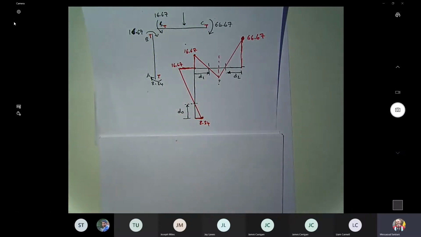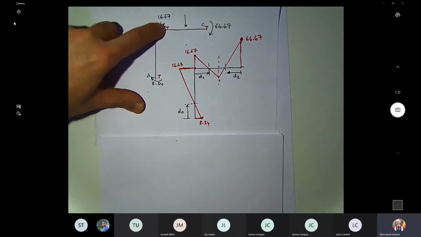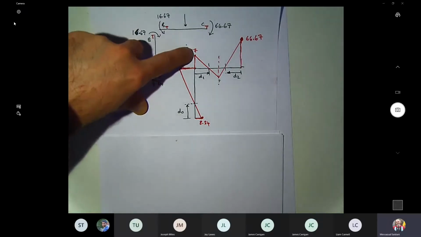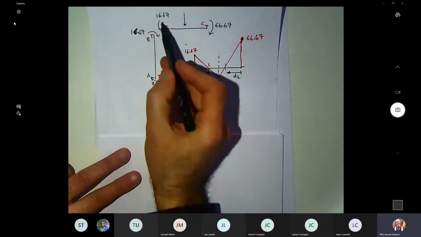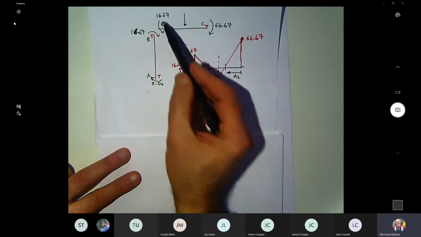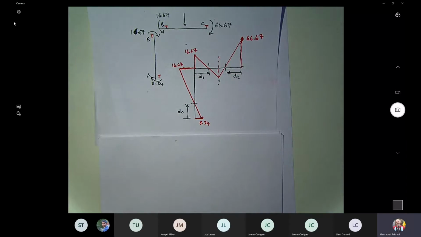You've got this, so the tension is at the top, okay? The moment is anti-clockwise, and the tension is at the top. So you plot the value at the top of the member. That's your member, and the 1667 is at the top.